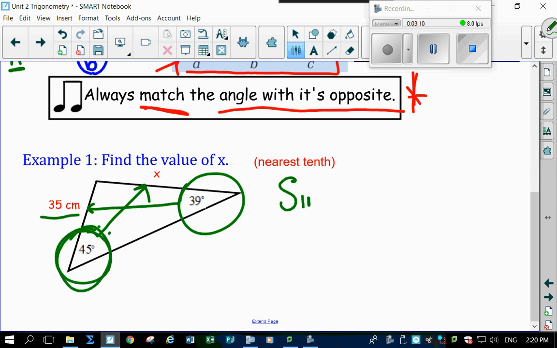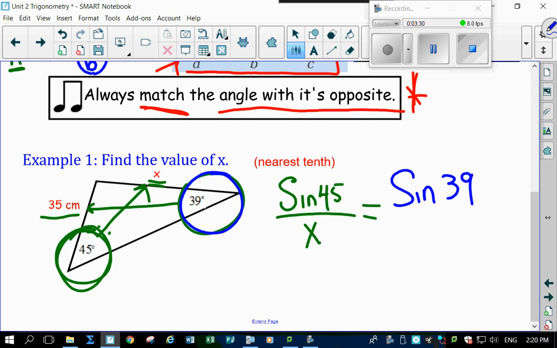So here we go. Sine of 45 has to go with the value of x. And since you're dealing with just two sides and one of the angles, not three sides or three angles, fine, there's 39. Now remember, if sine's on top, keep it on top. Sine of 39 now goes with, look at that, 35.